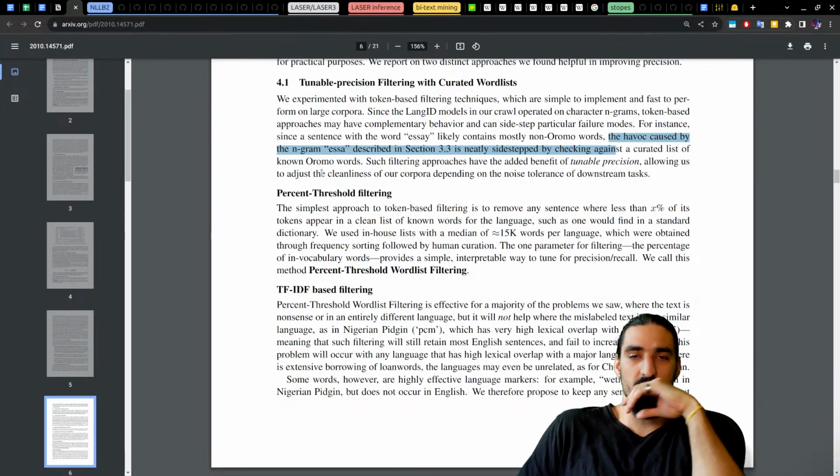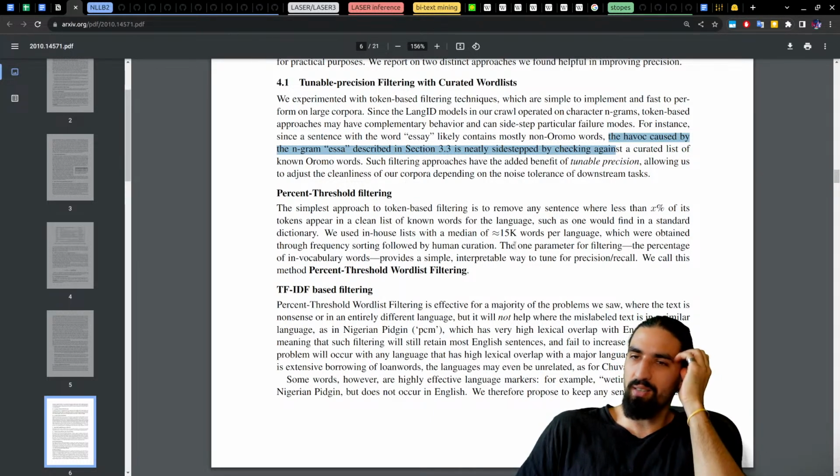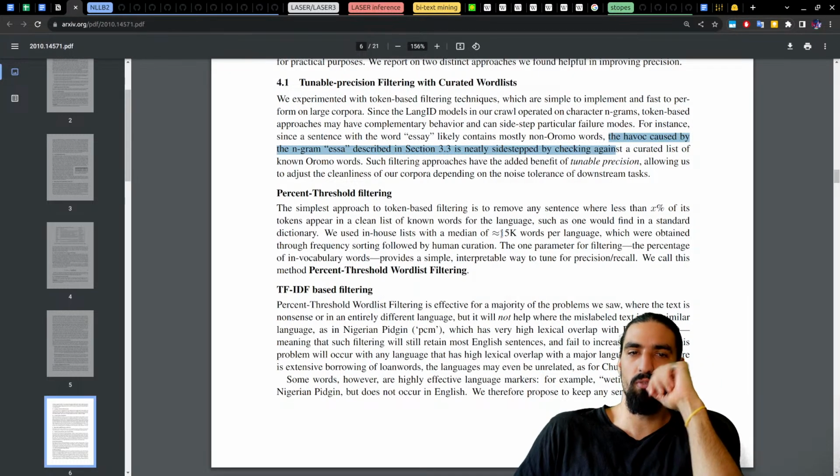Okay, percent threshold filtering. The simplest approach to token-based filtering is to remove any sentence where less than X% of its tokens appear in a clean list of known words for the language, such as one would find in a standard dictionary.